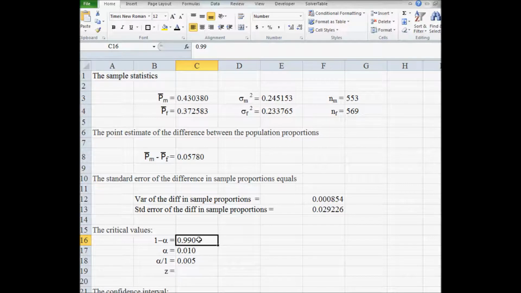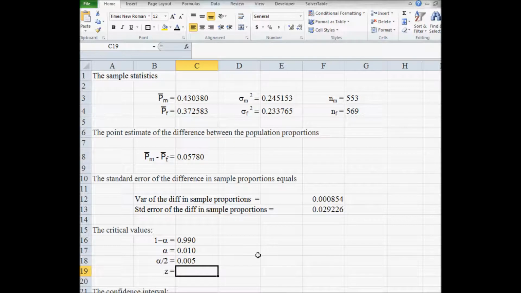Now, since the confidence level is 99%, alpha is 1%, we are dividing the alpha by 2 because there is an upper limit and a lower limit to every confidence interval. So alpha divided by 2 is 0.005.